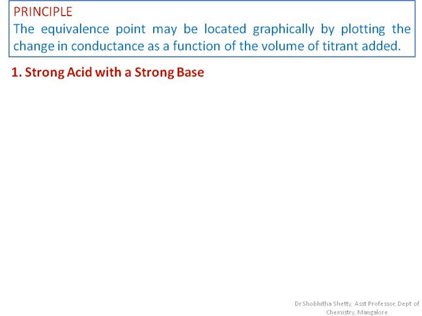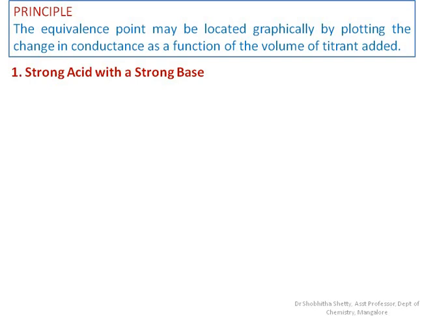So the first case we will be discussing is the titration of a strong acid with a strong base. We know how to perform the conductometry experiment. First we need to set up and calibrate the instrument, followed by placing the conductivity cell in the beaker. In the beaker we take the analyte solution, whereas in the burette we take the titrant.